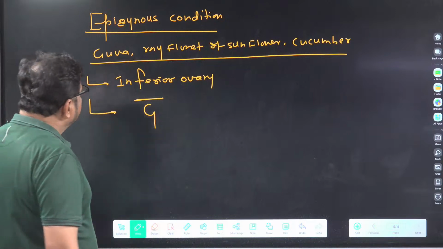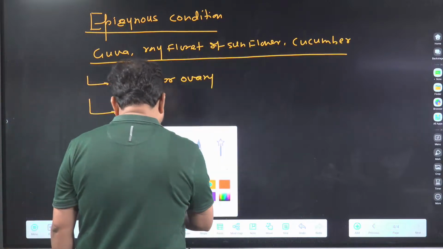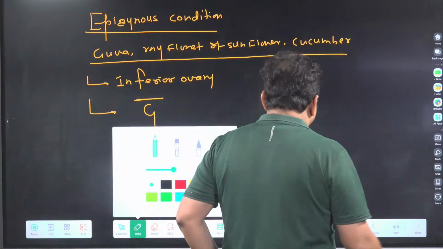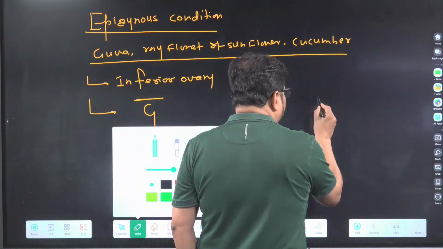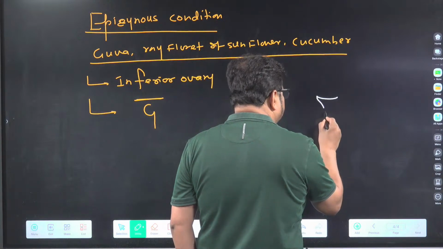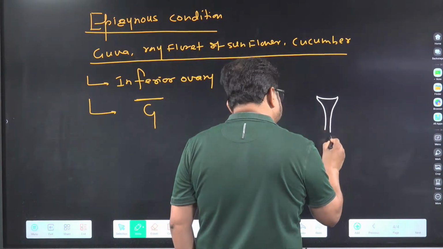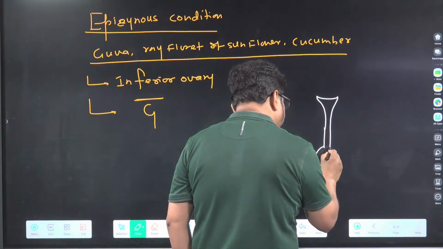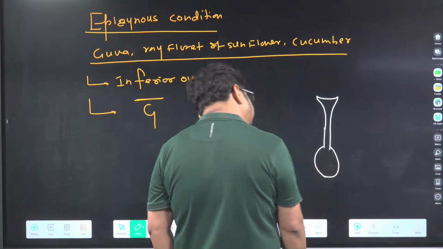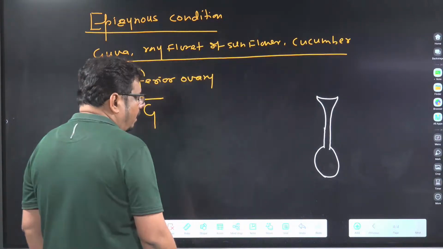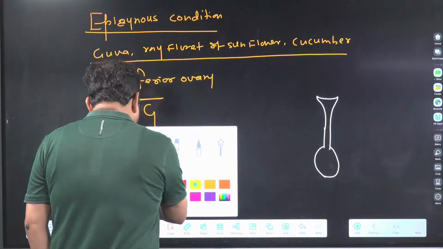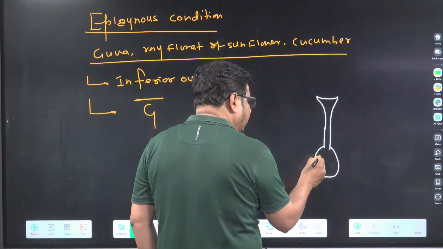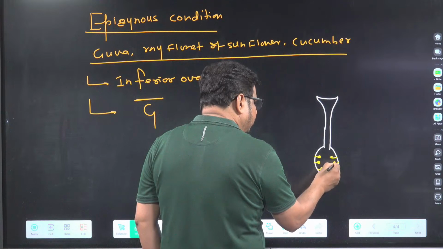Now let me first draw the diagram of it, then I will explain it. You will understand better. So look, I am drawing the gynoecium first. This is the stigma. This is the style. And you think of this as the ovary. Inside the ovary, I am also marking the ovules, so you can connect better with the NCERT.